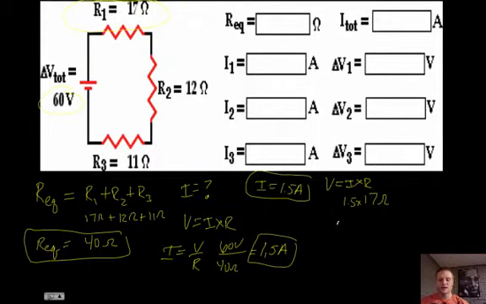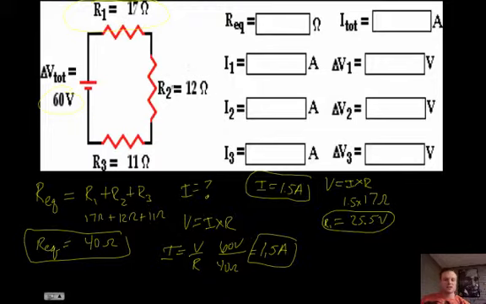If you do 1.5 times 17, you should get 25.5 volts. So R1 is 25.5 volts, about a 25 and a half volt drop just at that one resistor.